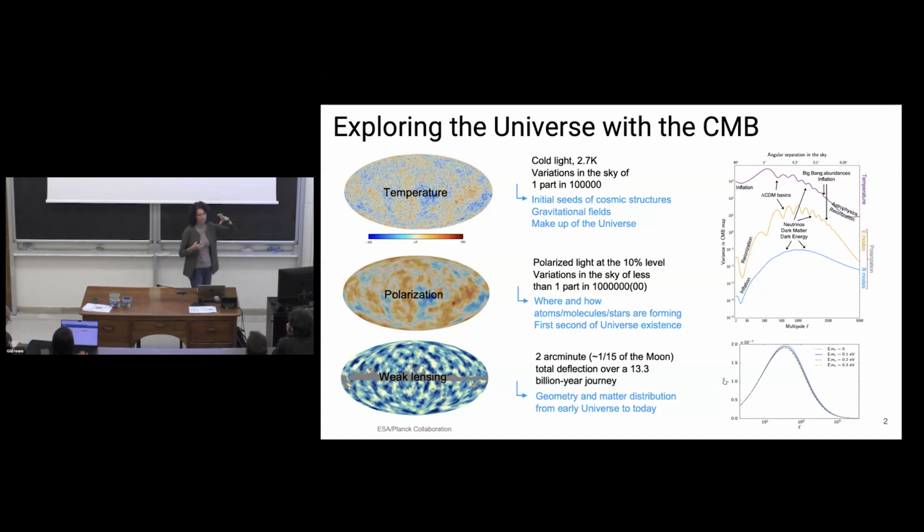From these maps, we write down all the physics and all the phenomena that are happening throughout the universe and map that physics into the features of the angular power spectra. Angular power spectra span the temperature, polarization and lensing, and they all show different features and different signatures of the components and the physical processes of the universe, and those are the things that we're going to be probing with the CMB.